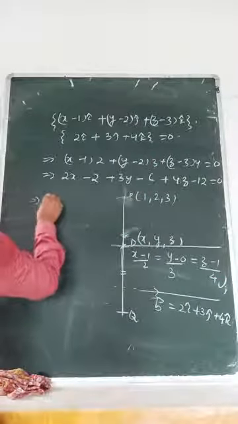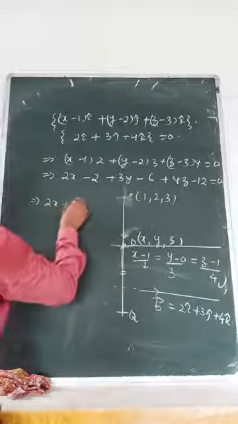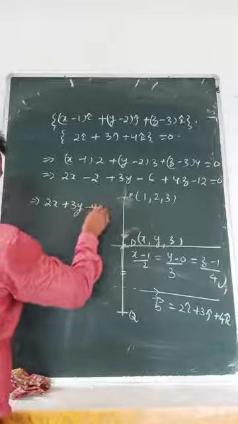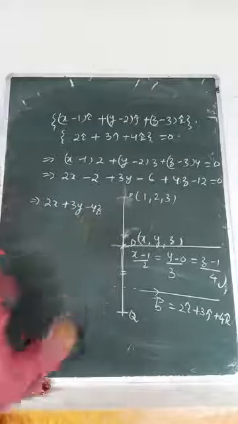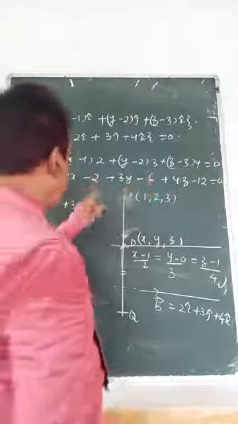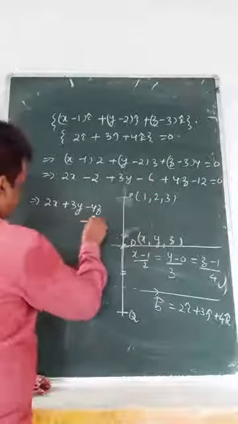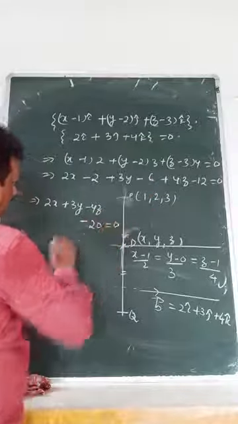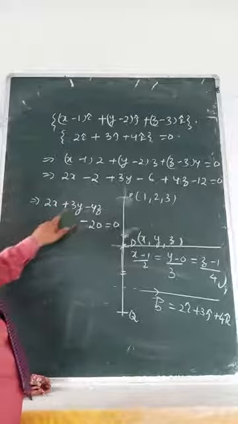Gives you what? 2x plus 3y plus 4z minus 20. Okay, now you need to find x, y, z.